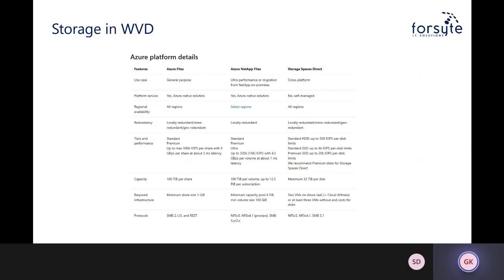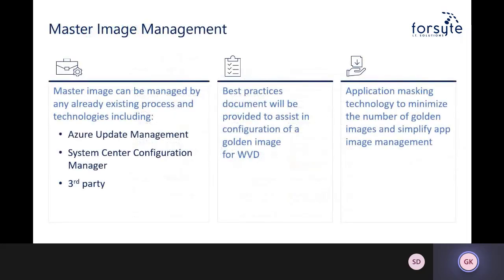So it's a great performing environment for our WVD. And the minimum capacity that you want to have for that is a 4 terabyte capacity pool. And you can go ahead and define what you want for the size for your VHDs. And then from there, you can also use that for other things, as a typical NAS device.